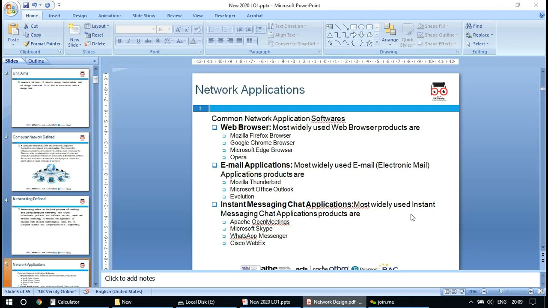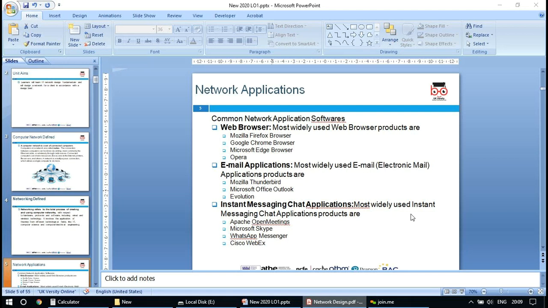Email applications. Normally we use email providers like Hotmail or Gmail, but you can also configure pure applications on your computer like Microsoft Office Outlook, Mozilla, Evolution, and others. You definitely know the email clients and desktop based applications, isn't it? Yes.